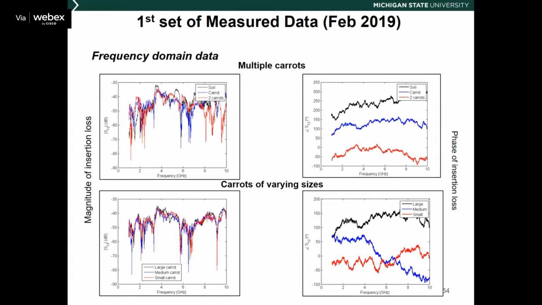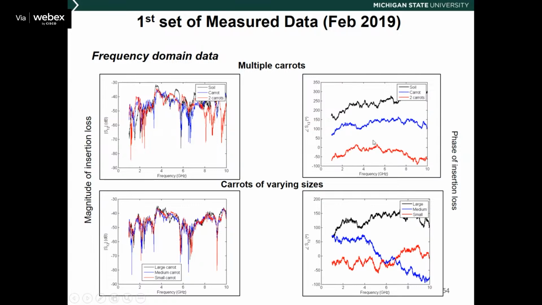We got some encouraging results at that time: you can differentiate the different configurations for soil only, soil with 1 carrot, and soil with 2 carrots in the transmission measurement, where you look at the S12 parameters and their phase.